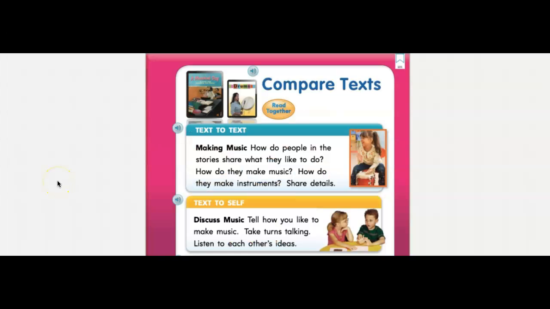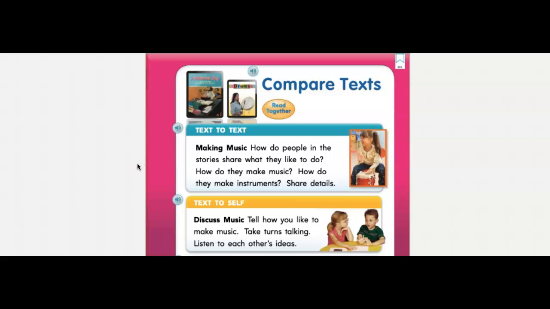Now let's talk about and compare our two texts from this week, A Musical Day and our story, Drums. First, let's think about how people in the stories share what they like to do. How do they make music?